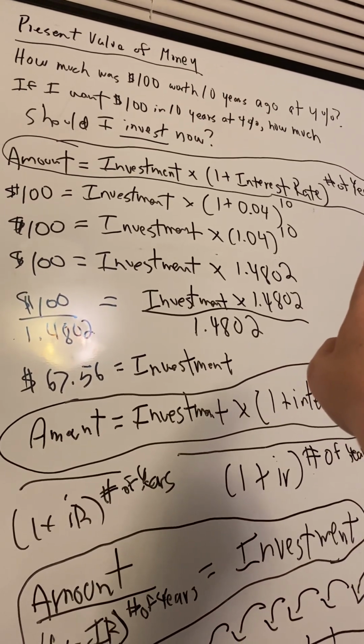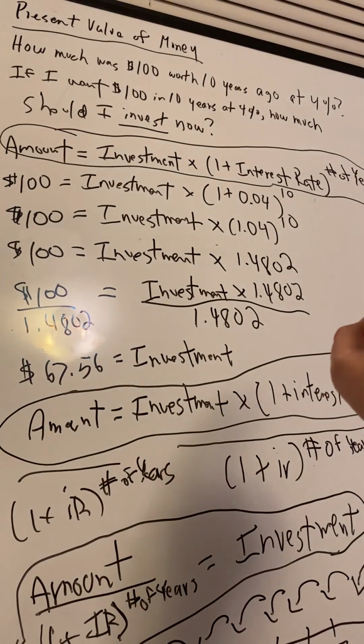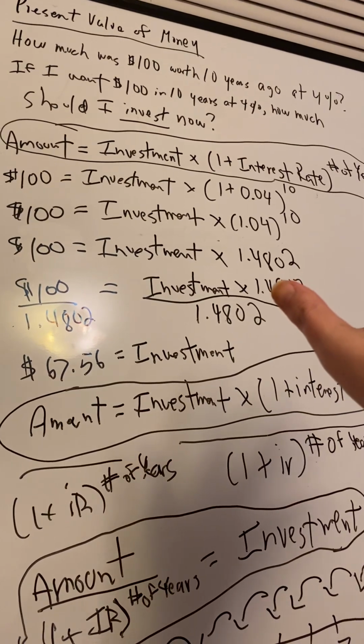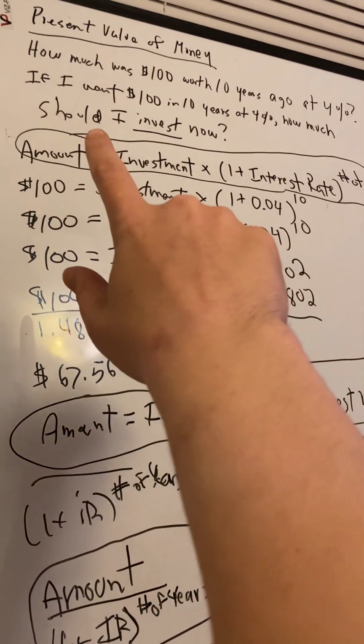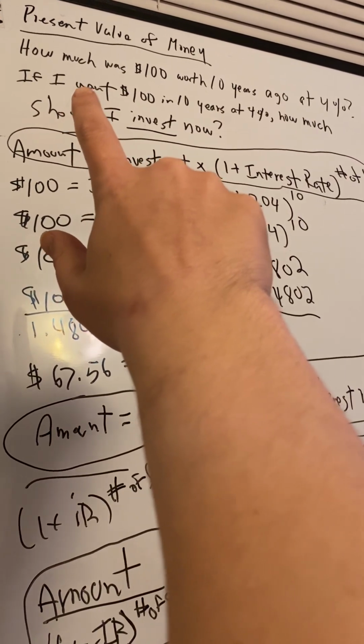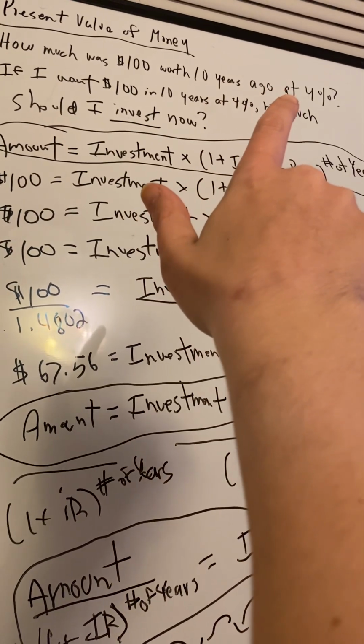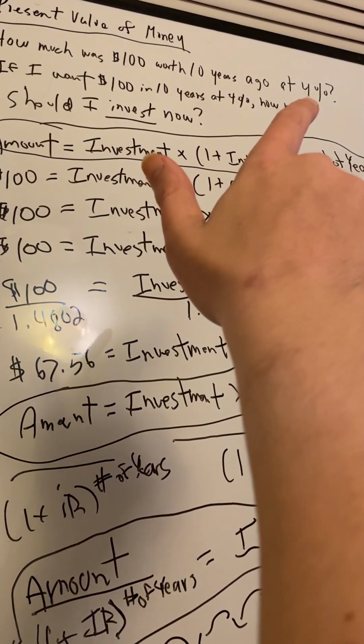So now, let's say we want an amount. Well, let's look at these questions first. The present value of money is saying, how much was $100 worth 10 years ago when every year there was a 4% interest rate?